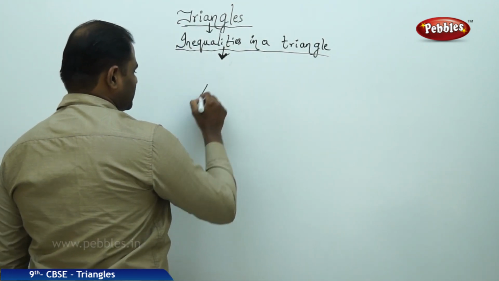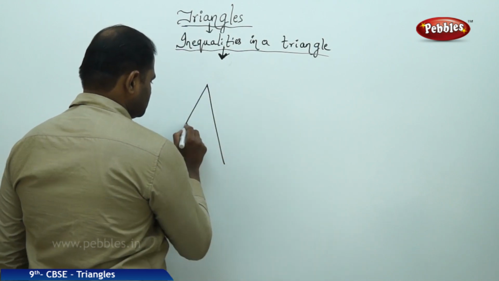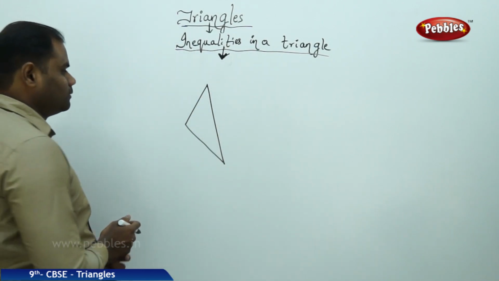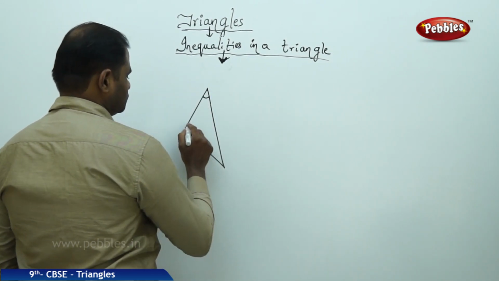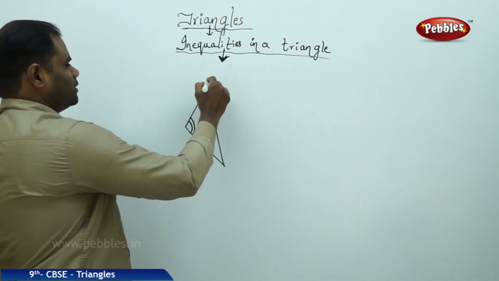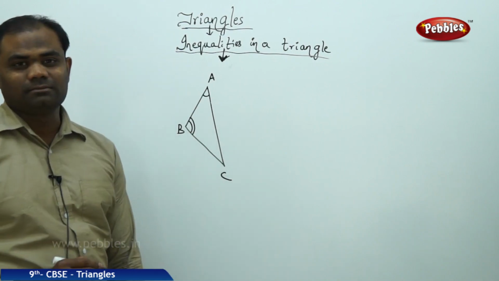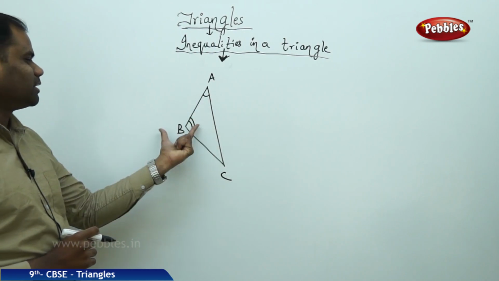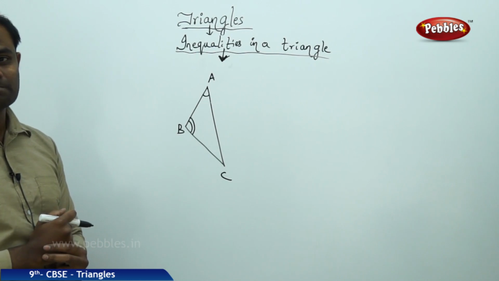So let's see how we can connect inequalities in a triangle. Imagine I have a triangle out here. Then let's take the case of the triangle ABC. Now clearly I can see that angle A is smaller than angle B, which is obtuse, and this being acute.